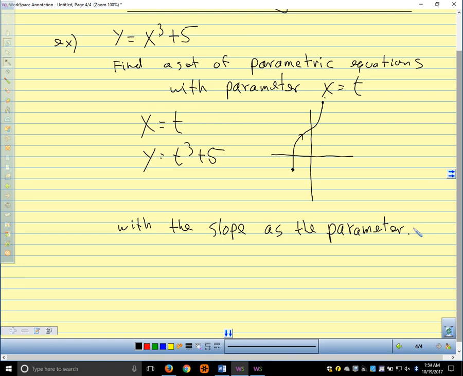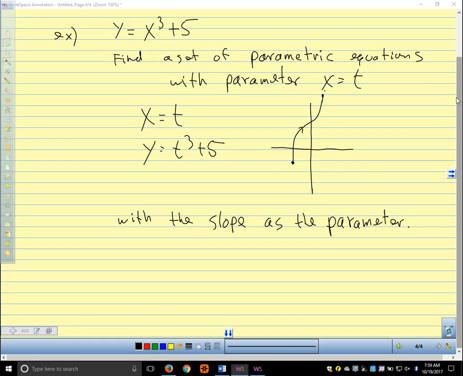What we would do is we would know the slope, plug the slope into x and y, and get our coordinates. So say we know the slope at various points, and we want the x coordinate and the y coordinate. So we need to take the derivative. We'll call the slope m as a parameter. Well, m is dy/dx, right?